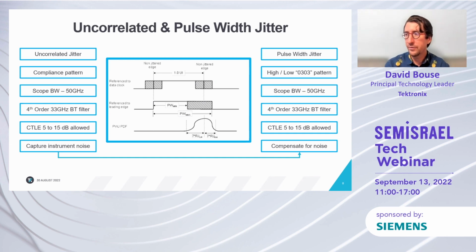Then the very new part here is capturing the instrument noise, in this case the real-time scope noise, and compensating for that, which we're doing both for the uncorrelated jitter and also for the pulse width jitter too. So a few things to be aware of, a little bit more complexity, but it comes with the benefit of more accuracy, which we dearly need as we have a reduction in our signal with PAM4.